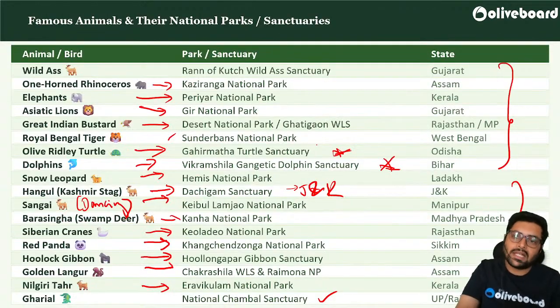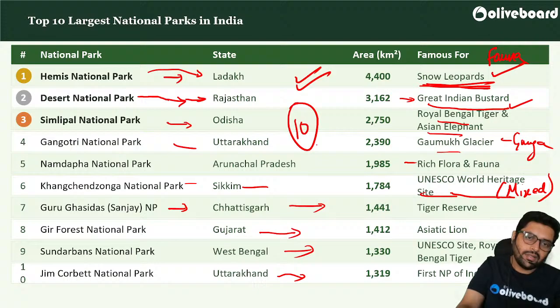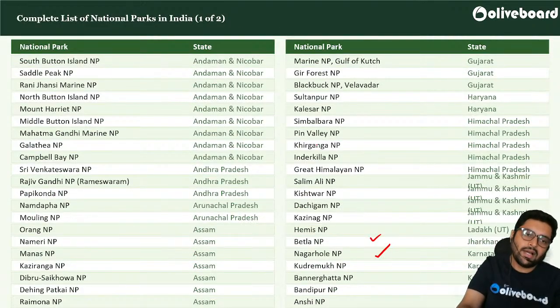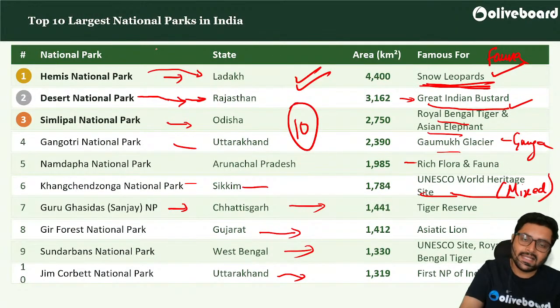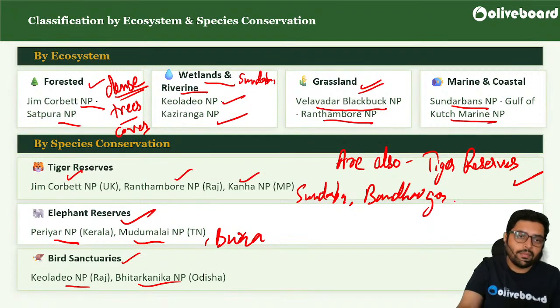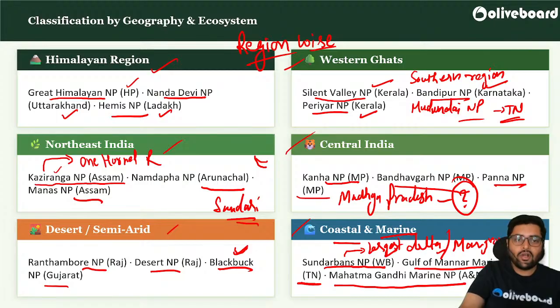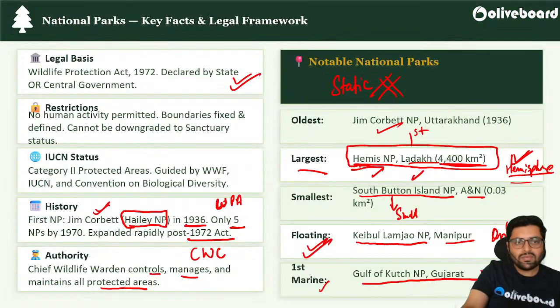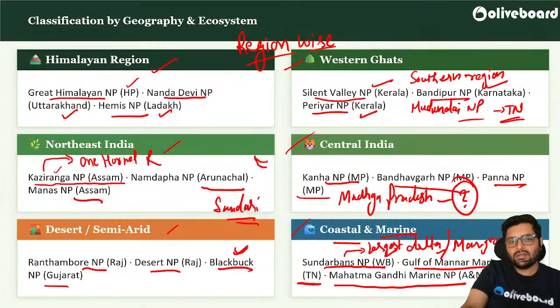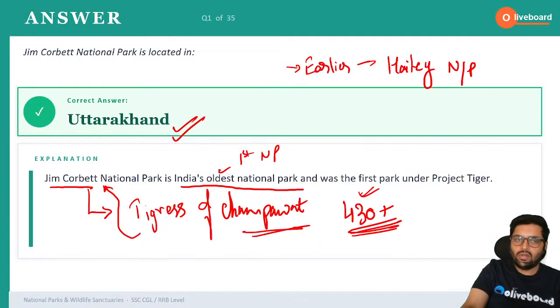That's all with the national parks. We have seen so many national parks regarding their state, location, fauna, flora, and size. We also saw them by their ecosystem and by their region. So this makes national parks a rock solid concept.